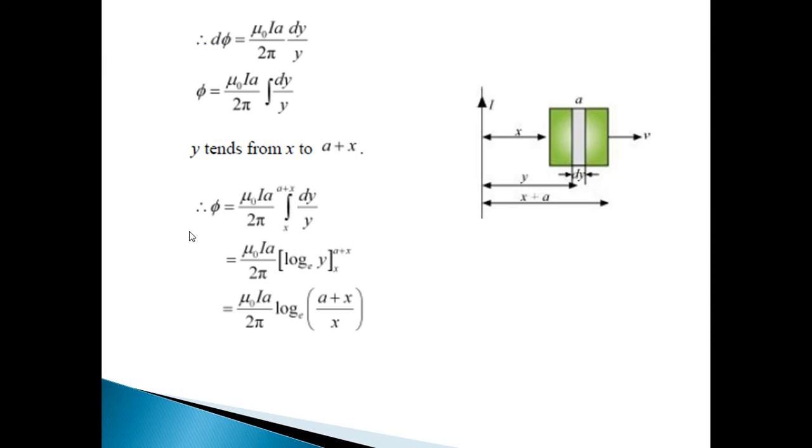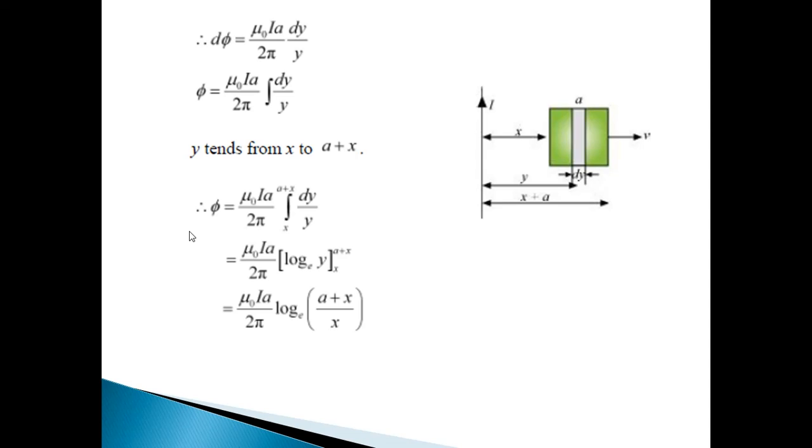So d phi, when you make the substitution, d phi you know is equal to B into dA. So it is mu naught I by 2 pi y into A dy. So what is phi? You have to integrate. When you integrate, you get phi equal to mu naught I A by 2 pi integral dy by y. Now the integral has got limits from x to a plus x.